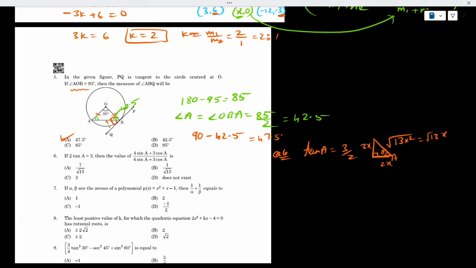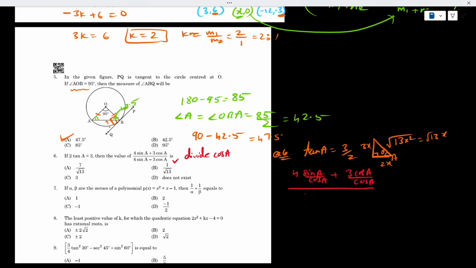If I want to use the identities, I can divide both numerator and denominator by cos A, right? So what can we write here? It will be 4 sine A by cos A, each term you are going to divide by cos A, plus 3 cos A by cos A, right?